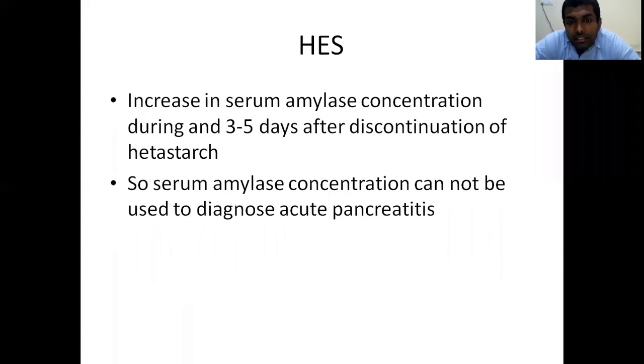An increased serum amylase concentration during and 3 to 5 days after the discontinuation of hetastarch is seen. So, you have given a patient hetastarch, the serum concentration of amylase is elevated for up to 5 days. So, if the patient has acute pancreatitis, you cannot use serum amylase concentration as a reliable blood investigation.